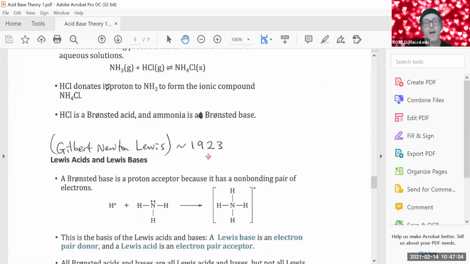This is the Lewis definition after Gilbert Newton Lewis of Lewis structure fame, around the same time as the Bronsted-Lowry idea. These were all within like a decade of each other, around 1910 for the Arrhenius theory, early 1920s for both Bronsted-Lowry and the Lewis theories.